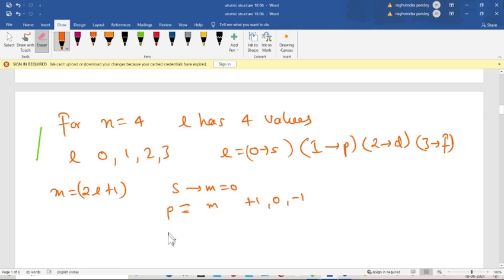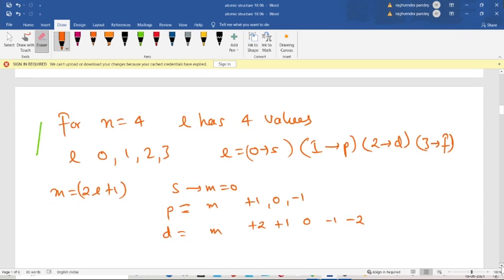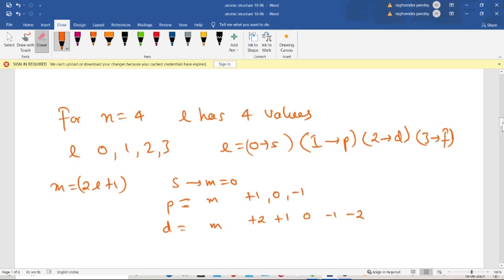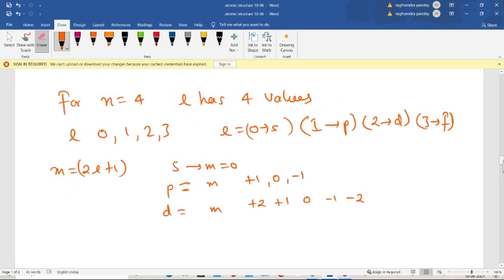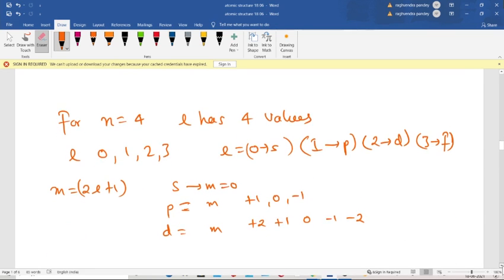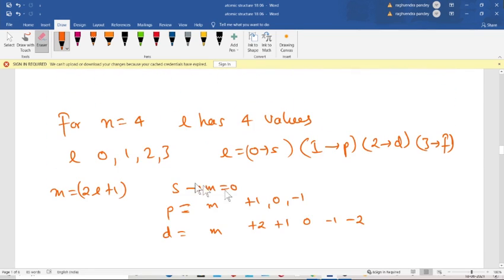For d, m has 5 values: plus 2, plus 1, 0, minus 1, minus 2. Then it will be f. So how many values for f?